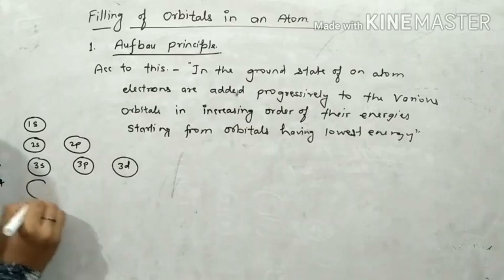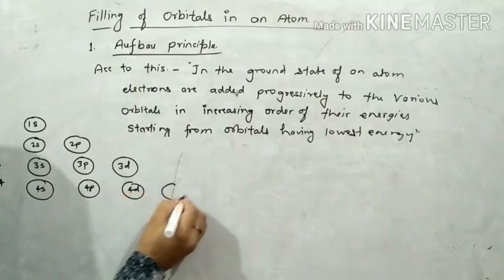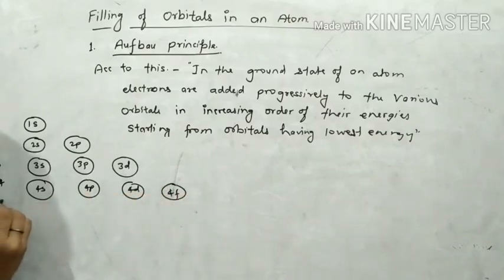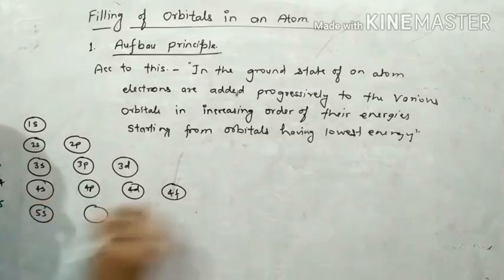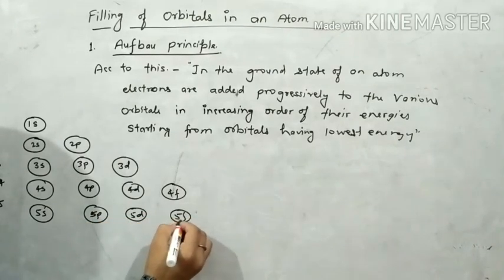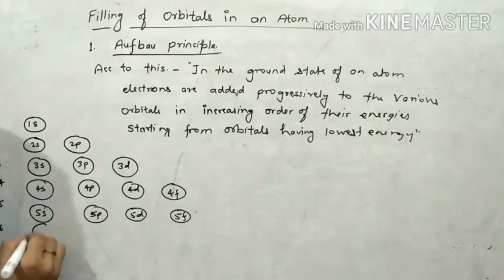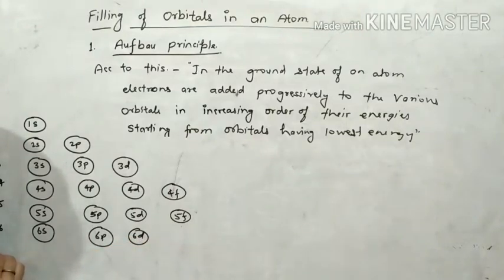Similarly, n equal to 4 has 4s, 4p, 4d and 4f. n equal to 5 has 5s, 5p, 5d and 5f. n equal to 6 has 6s, 6p, 6d. n equal to 7 has 7s and 7p. Right? So this is the pictorial diagram to summarize the Aufbau principle.